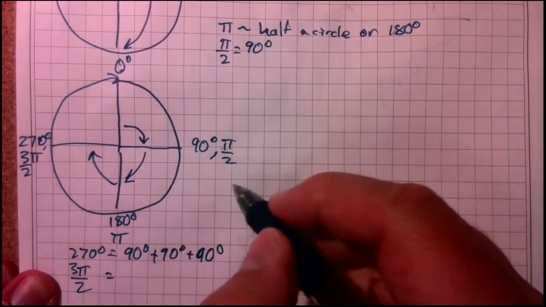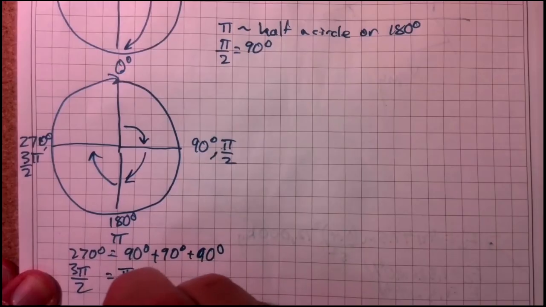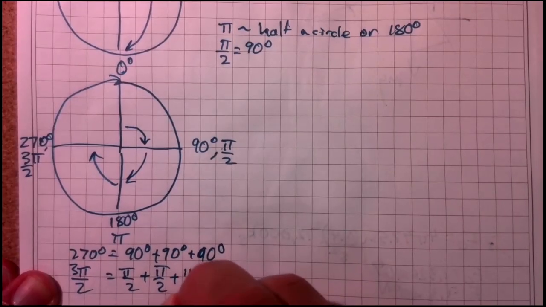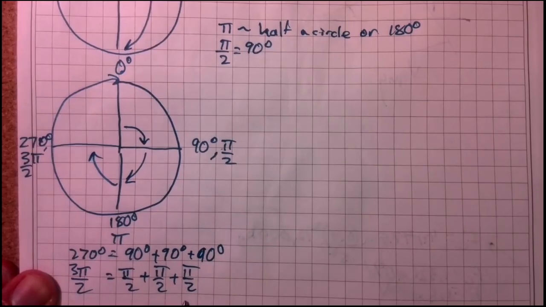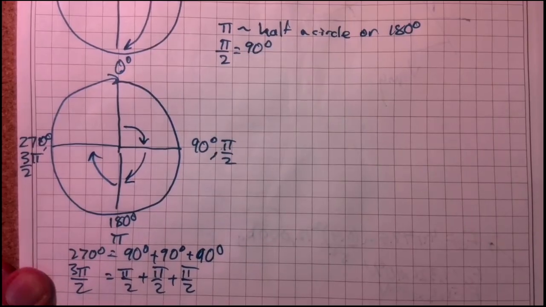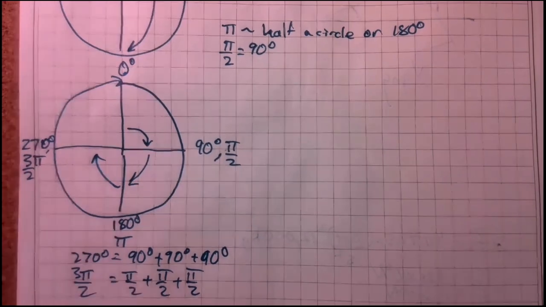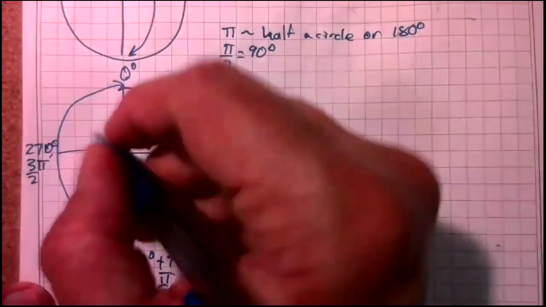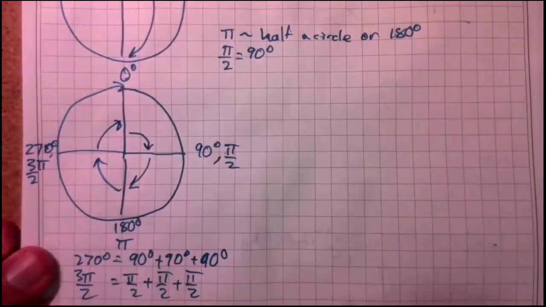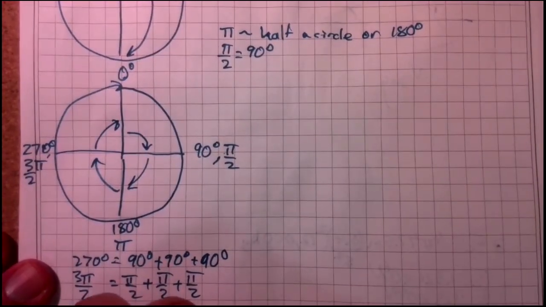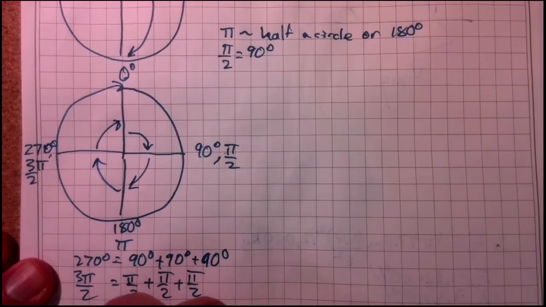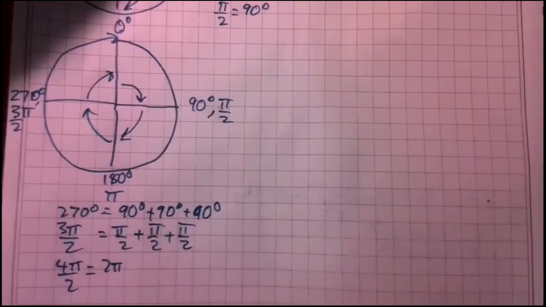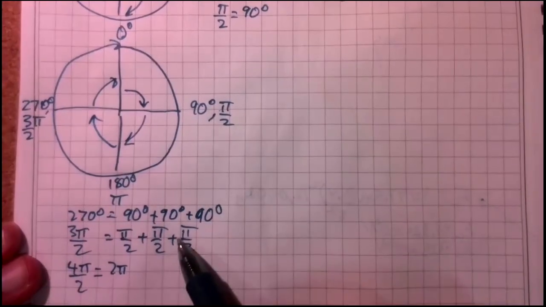And we get that because 90 degrees is pi over 2 plus pi over 2 plus pi over 2. So if you add 1 half plus 1 half plus 1 half, that gives you 3 halves. And then we have a pi there, so that's how we get 3 pi over 2. Right? And then if we went all the way back around, that would give us 4 pi over 2, or we would have 2 pi. So right there. These are our angles in radians.